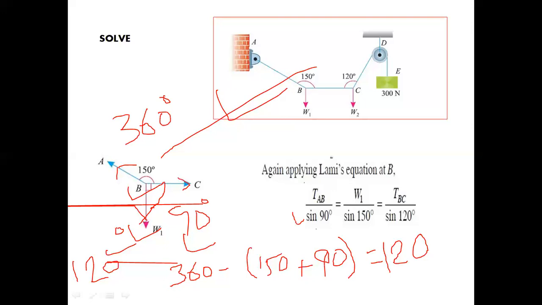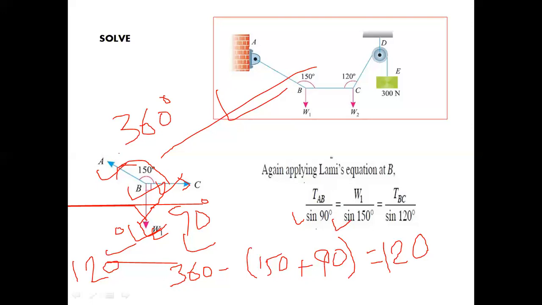That means we can write sine 90 degrees equal to, you can take another load W in this direction, then the other two forces, this one and this one, the angle between them is 150, meaning sine 150 according to Lami's theorem.